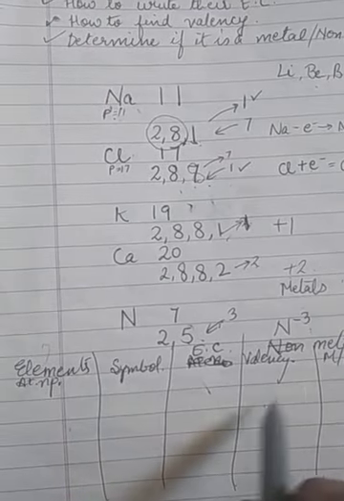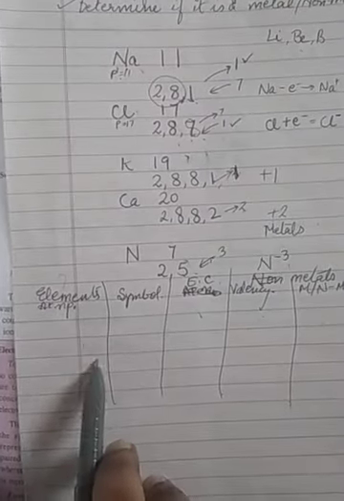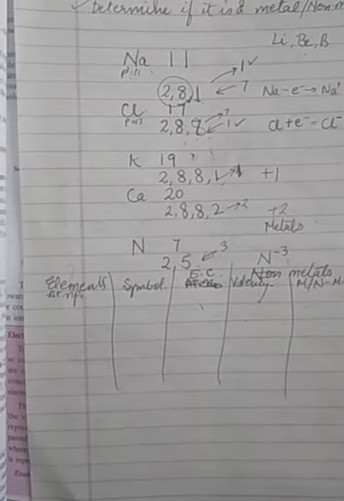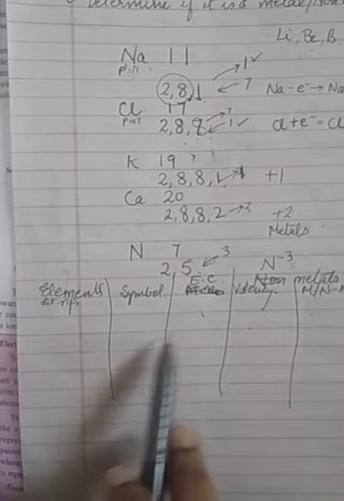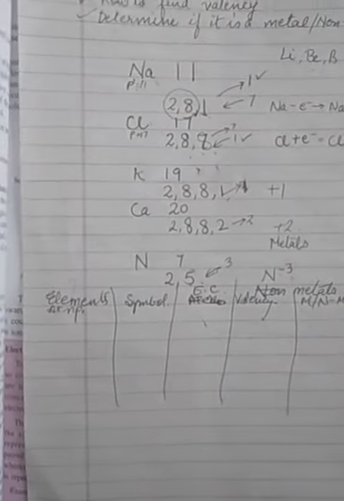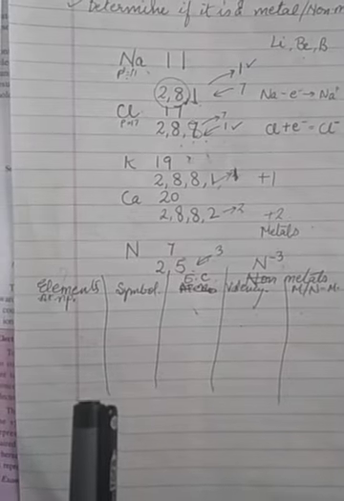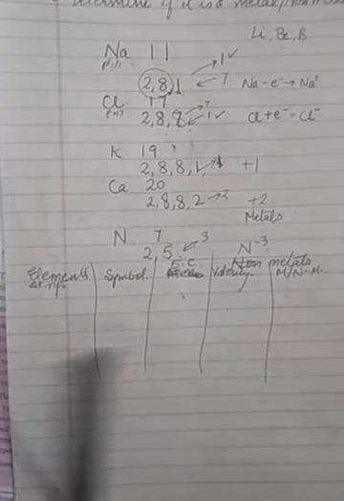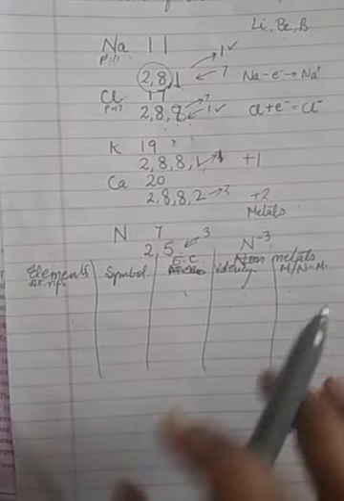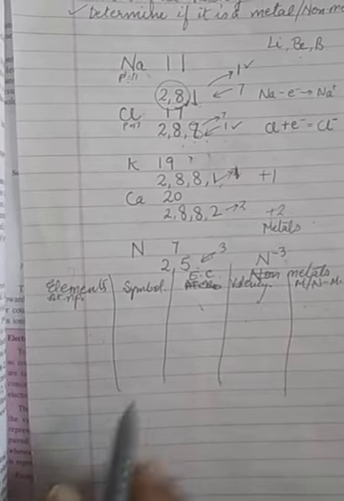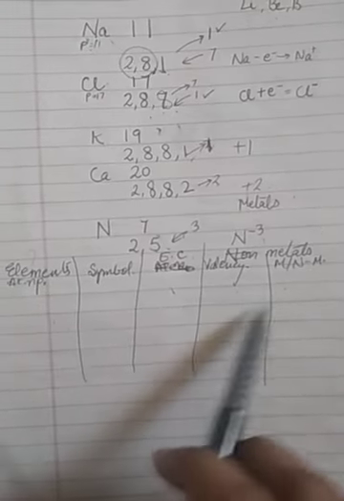For 1 to 20 elements, you should be able to classify them in this order. You should not see your textbooks for this, right? You should be able to solve this. If anyone has doubt in any of these columns, please ask. There should be absolutely no confusion in all these, okay?